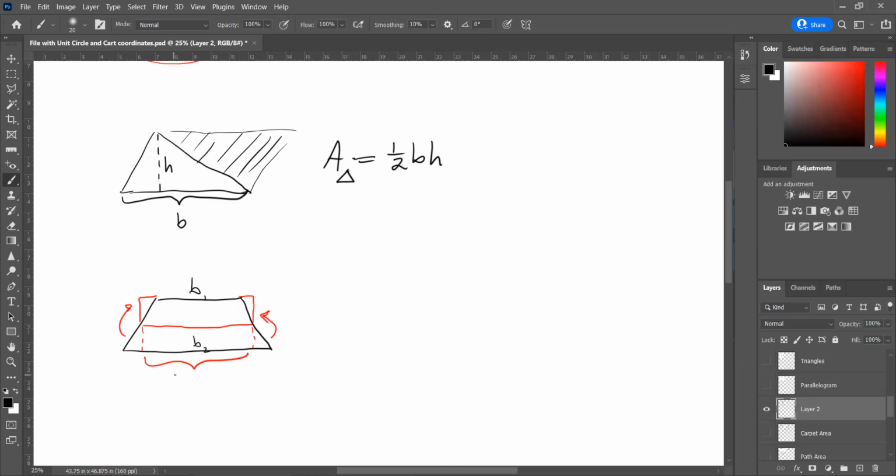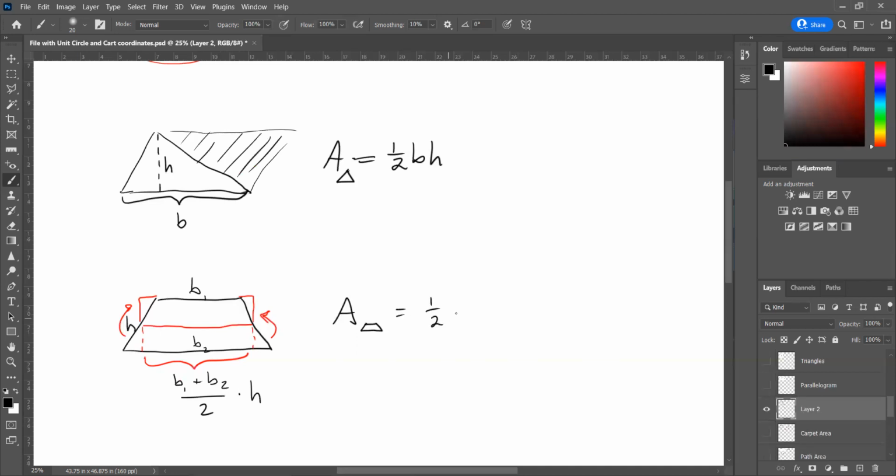We take the average, and to take the average of two numbers, you add them together and divide by 2. So that's our new length, the average of the two bases. We still have this height between there, so we'll multiply that by the height. And that gives us the area of a trapezoid.